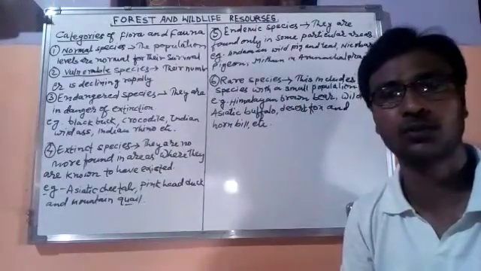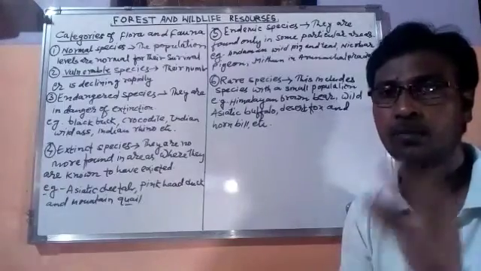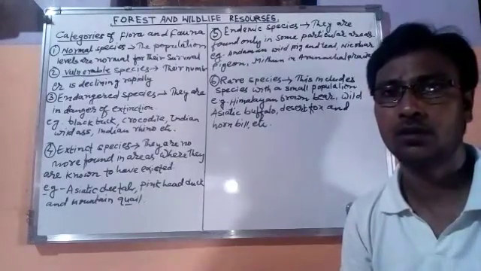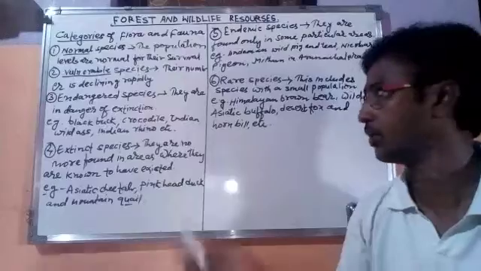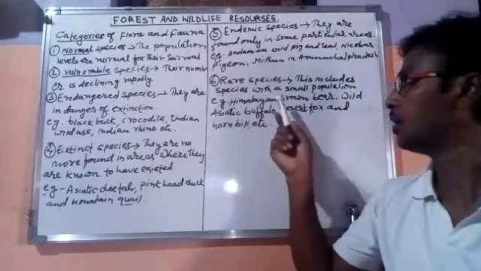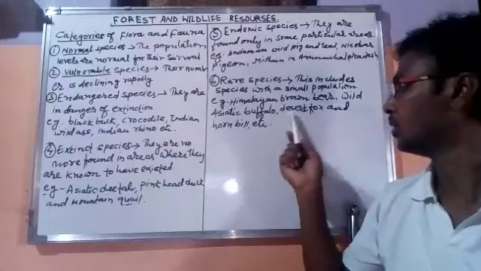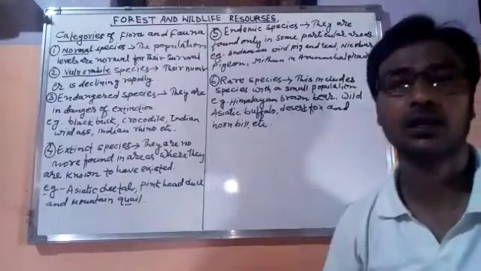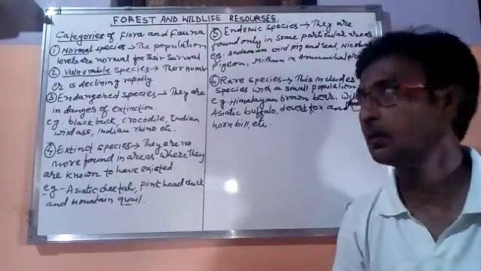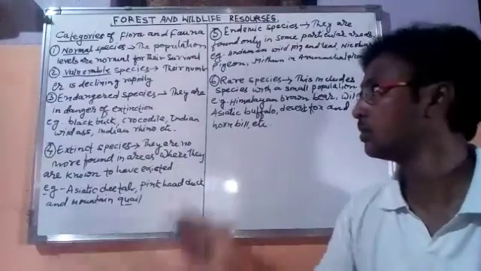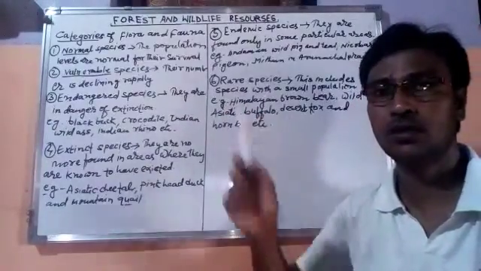Examples are the Himalayan brown bear, wild Asiatic buffalo, desert fox and hornbill, etc. These are the species of animals known as rare species.